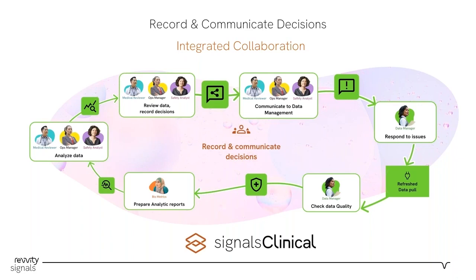If you have any issues, you communicate that back to data management, and it's their responsibility to respond to issues. Either they go back to your source EDC and address it that way, or perhaps they're in a position to address it without going into the source.